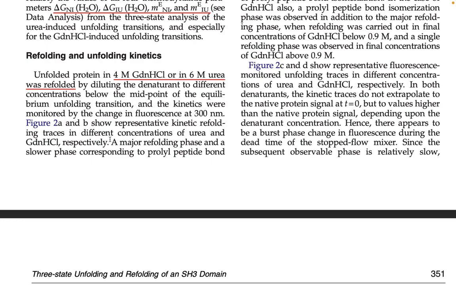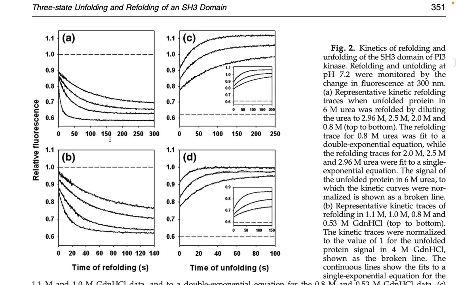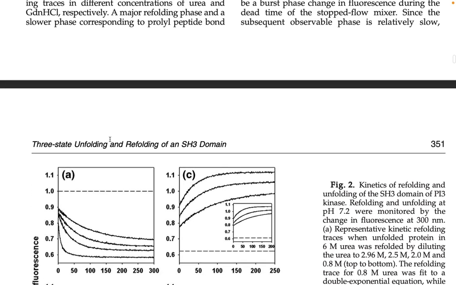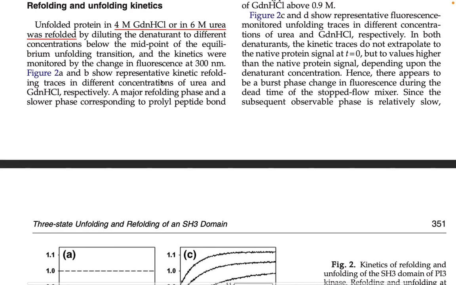Figure 2A and B show representative kinetic refolding traces in different concentrations of urea and guanidinium hydrochloride respectively.